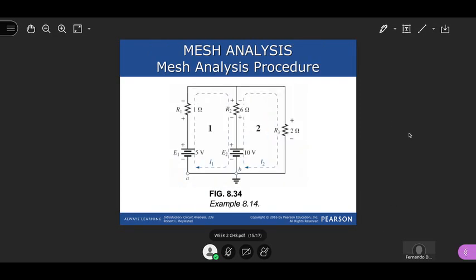Just for today's explanation, we assign the two currents to be in the clockwise direction, like this.